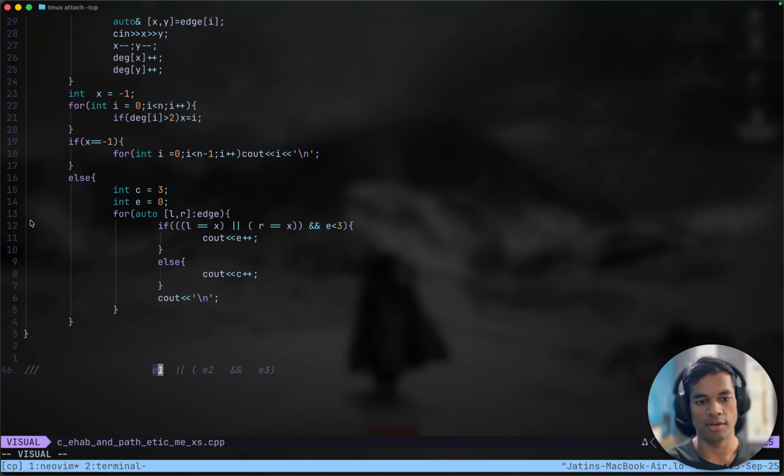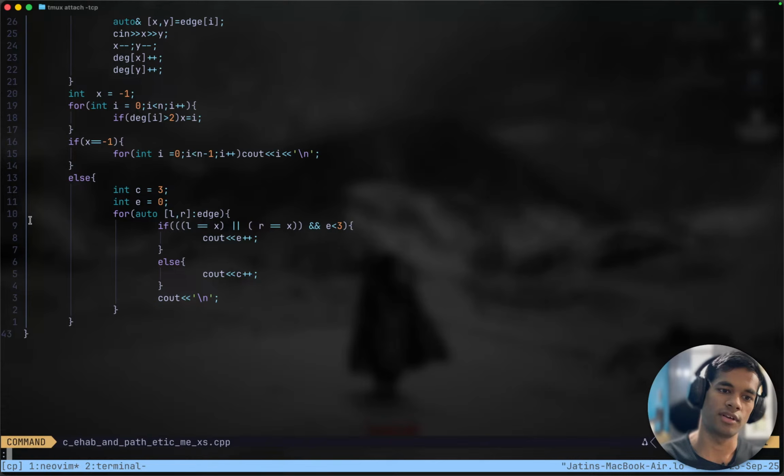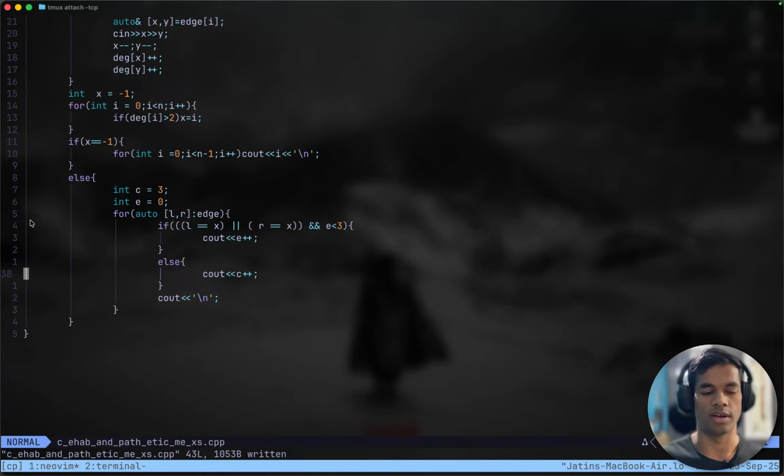We are evaluating this expression on the left and this expression on the right. And that was the mistake. I should have used brackets to begin with, parentheses. Okay, now it is right.